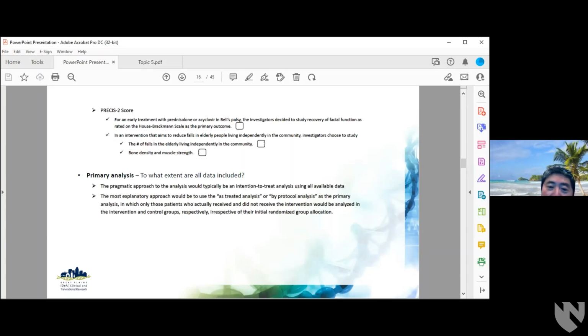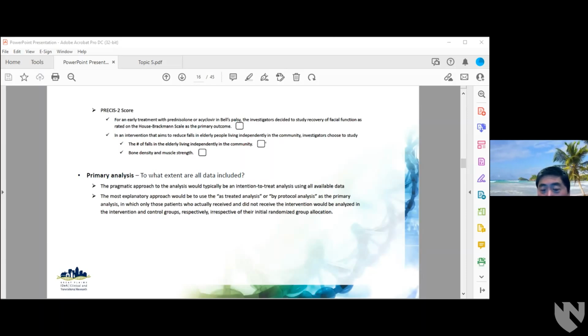What about the first one? Clearly, from the patient's perspective, anybody understands the number of falls, what that number means, right?